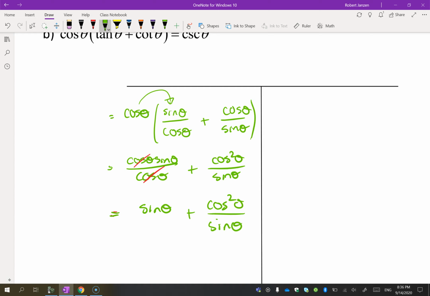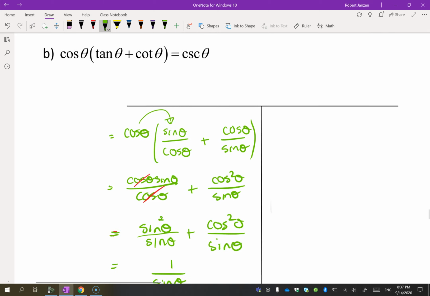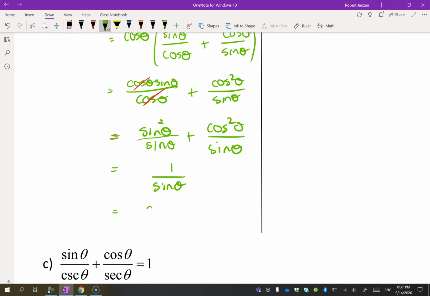So what I want to do is make this denominator the same. So instead of being over 1, changing the denominator to sine means I'm multiplying the denominator by sine. I need to multiply the numerator by sine. So now, if you look at the numerator, sine squared plus cos squared, over sine, that's 1 over sine, and that's exactly what you wanted to end up with.